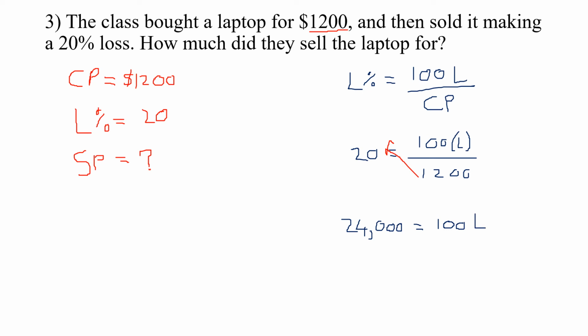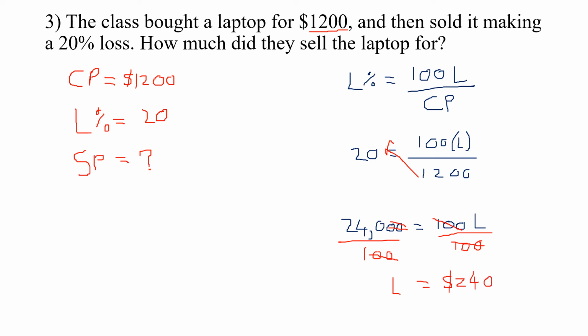Now I want to make L the subject of the formula, so I divide by 100. Remember, to get rid of multiplication, we divide. So I divide over here by 100 also. So 100 cancels 100, and this 100 could cancel with the last two 0s here. That leaves me with a loss of $240.